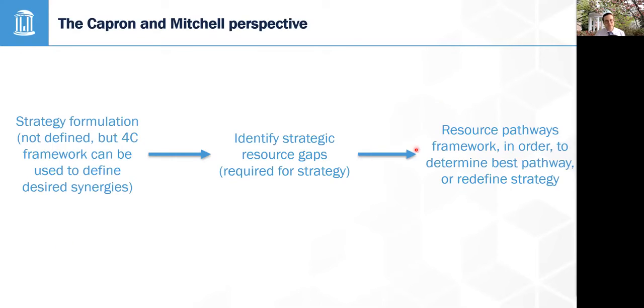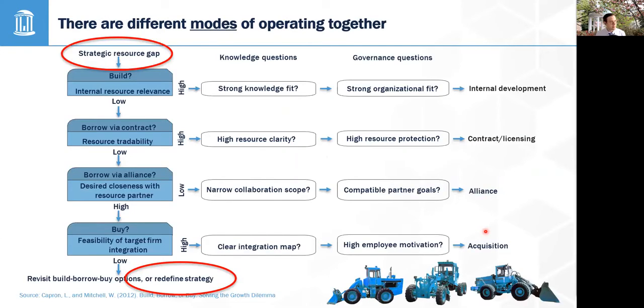And then you go through the resource pathways framework to think about the best way of acquiring those resources. So again, with this framework, the very, very critical first step is identifying your strategic resource gap. The way this is organized is you have questions for each pathway with an overarching question that's decomposed into two separate knowledge questions and governance questions.